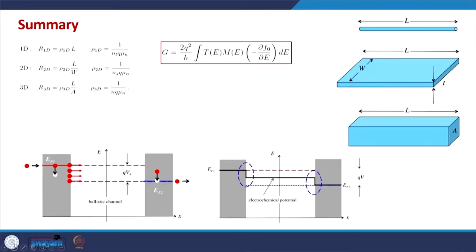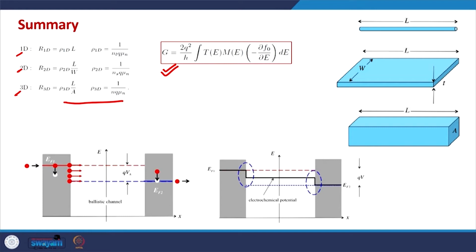In the last few classes, we have been discussing how the notion of resistance and conductance is different in the classical, conventional understanding, and how it is different in the general model of transport, for all 1D, 2D and 3D conductors.